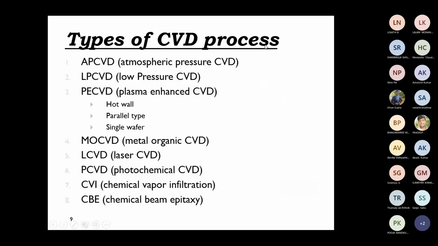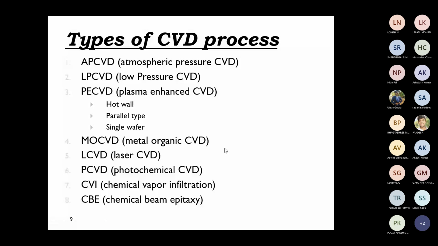Then again, the types of CVD process: atmospheric pressure CVD, low pressure CVD, plasma enhanced CVD, including hot wall type, parallel type, single wafer, then MOCVD, laser assisted CVD, photochemical CVD, chemical vapor infiltration, and chemical beam epitaxy. Now the question is why so many CVD techniques, and how they developed.